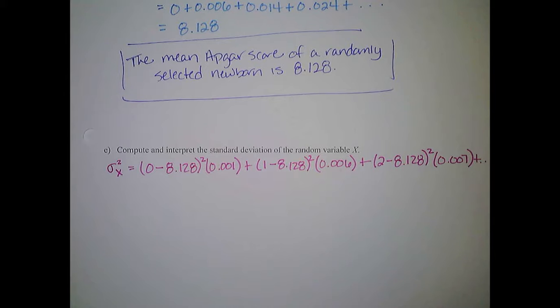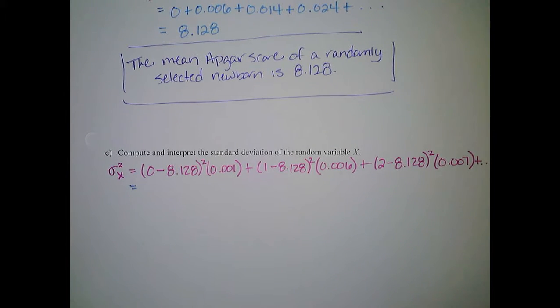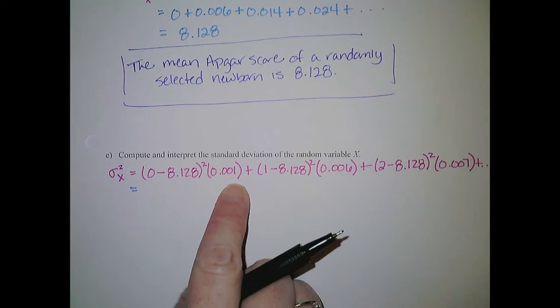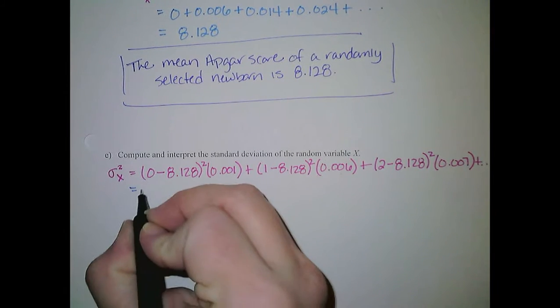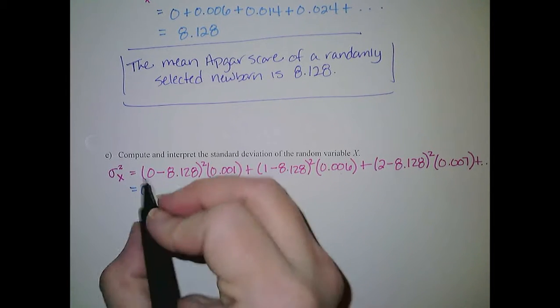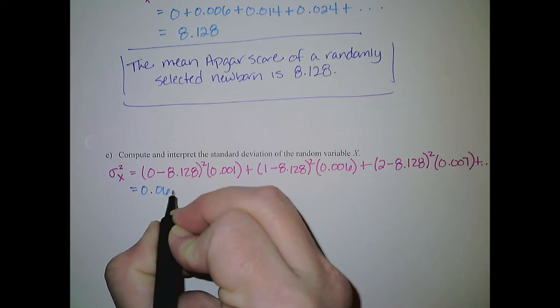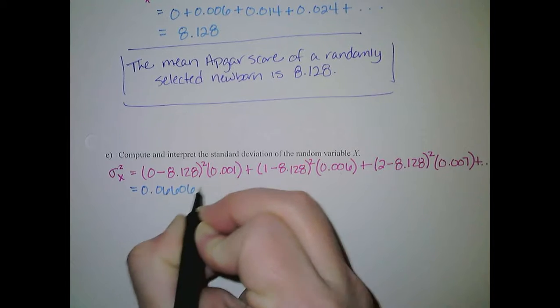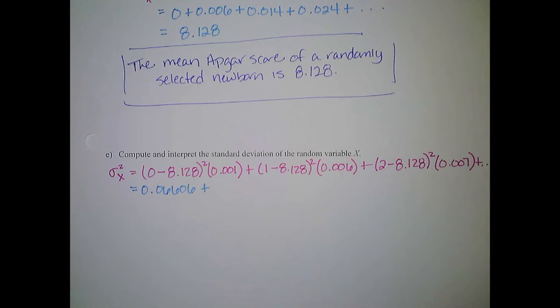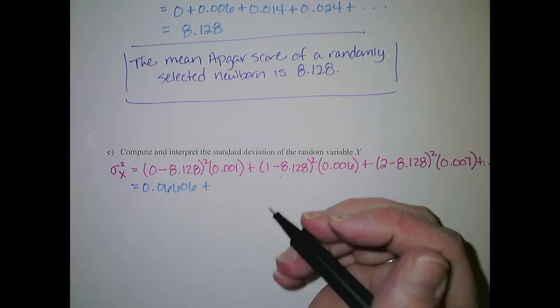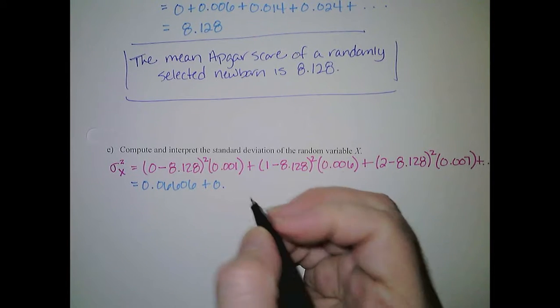And we could use our calculator. If we take our first squared deviation and multiply it times its probability, we get 0.06606. Our next squared deviation times its probability would be 0.30485.